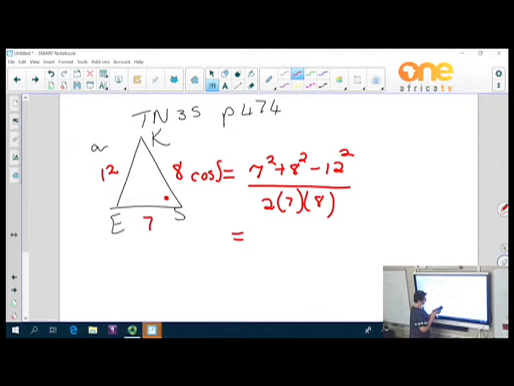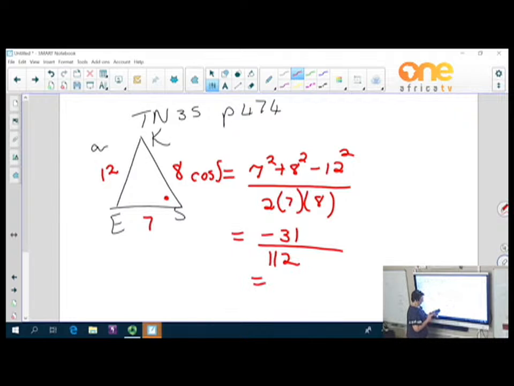So 7 squared plus 8 squared minus 12 squared is equal to negative 31. Again, do not throw the negative away, but that means you're going to get an obtuse angle. And then the denominator, 2 times 7 times 8, is 112.